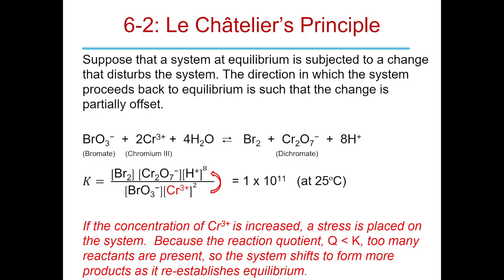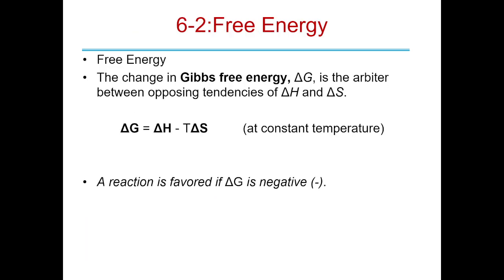By the way, what is activation energy a measure of? Thermodynamics, what we're talking about, is a measure of whether it's spontaneous or not. Activation energy is a measure of kinetics, how fast it happens.